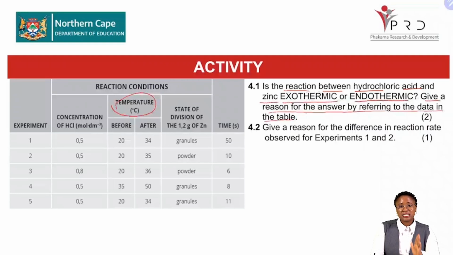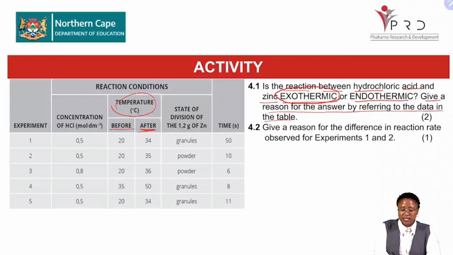Remember, decreasing temperature is endothermic, increasing temperature is exothermic. Now I check what was happening before the reaction started. Before the reaction started, I had the lower temperature. After the reaction was taking place, the temperature increased. So that indicates that the type of reaction here, according to the results, is exothermic.